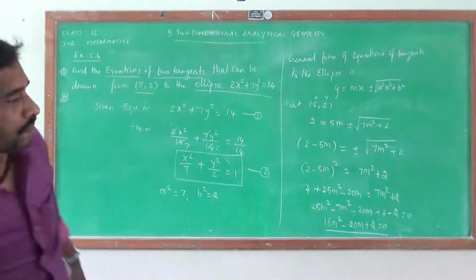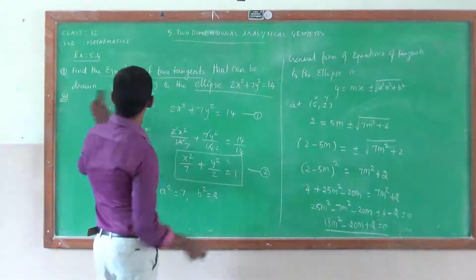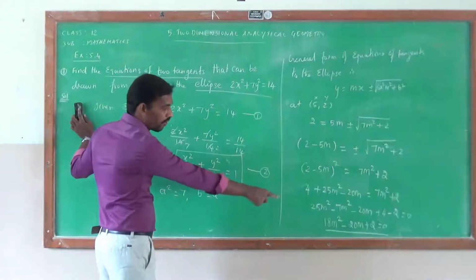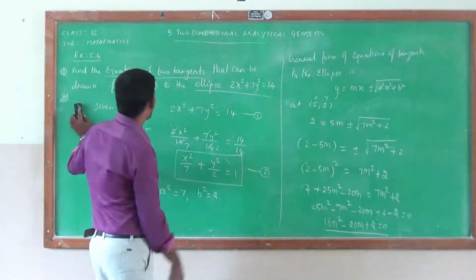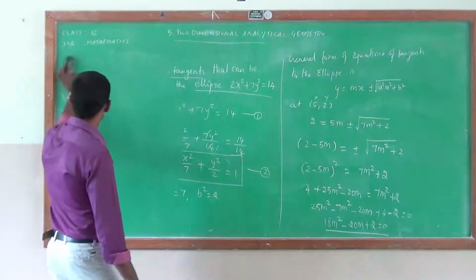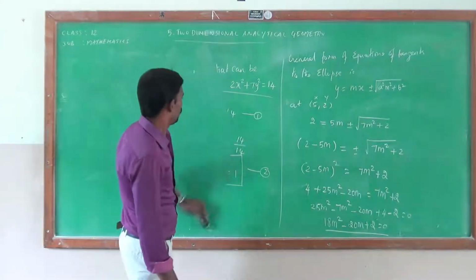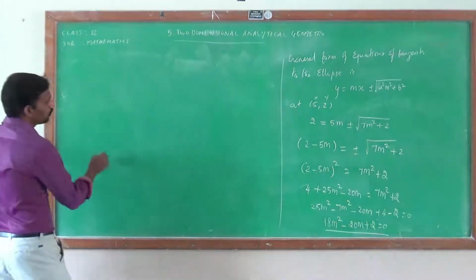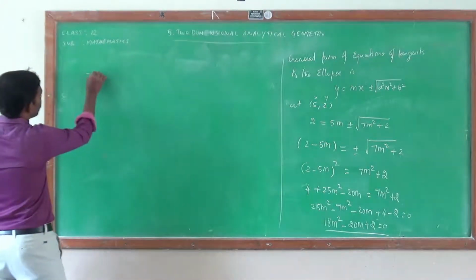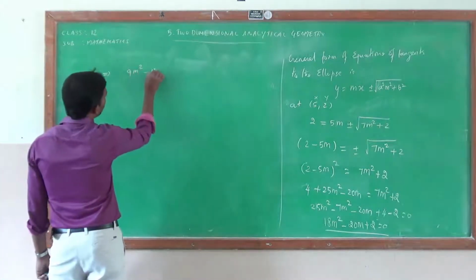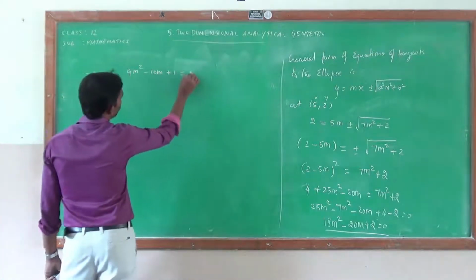Now we want to factorize this equation, finding the values of m to get the tangent equations. We simplify by dividing by 2 and get 9m square minus 10m plus 1 equal to 0.